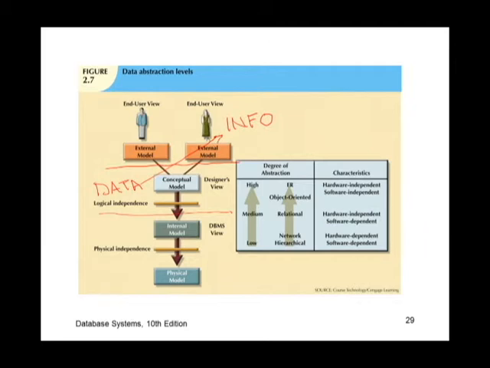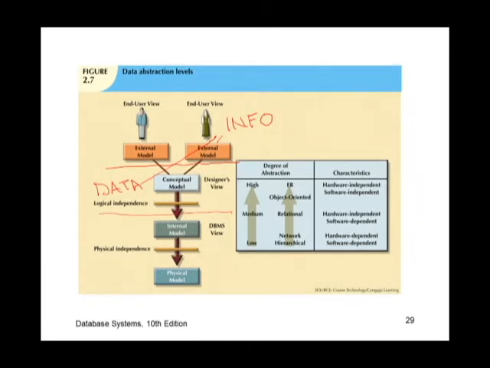Now, below that level, we're looking at the database view, the database engine view, if you will, the management system. That's an internal model. We're not really concerned about how Oracle internally models our data, just as long as it can pull up the data that we want and effectively turn it into information.